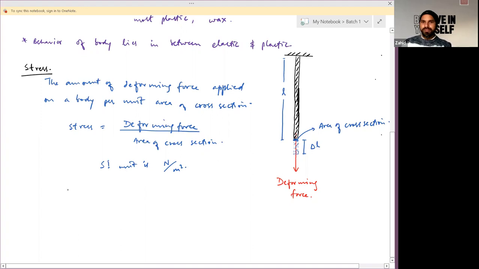To measure the amount of deformation produced, we define another physical quantity, that is strain.